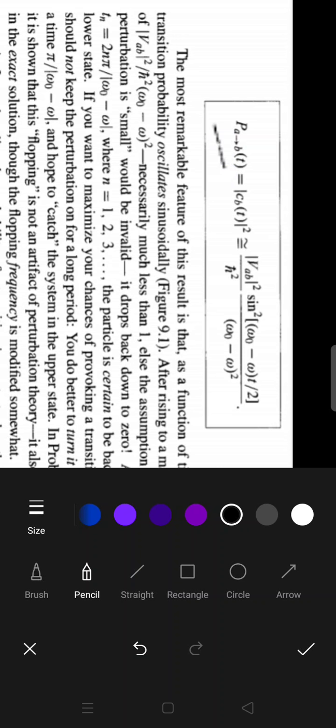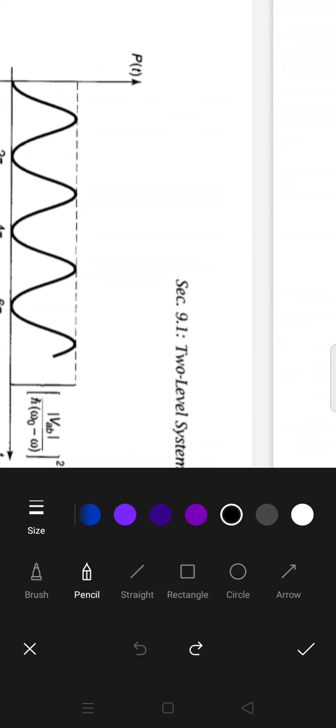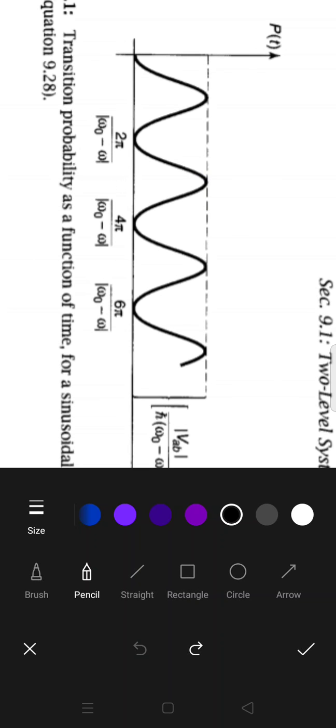Transition probability from A to B. If you see this, the main term is a sine wave, so in the graph we'll get a sine graph.